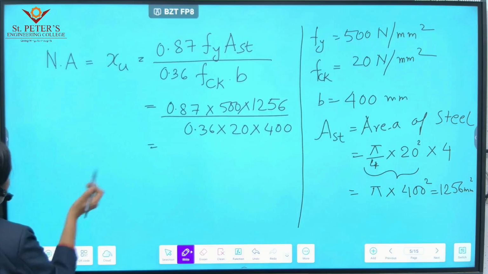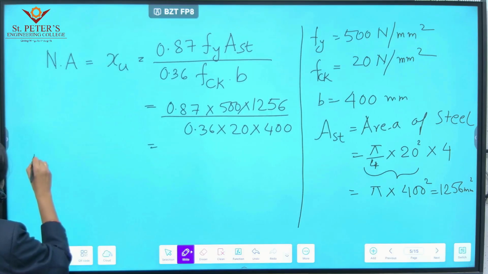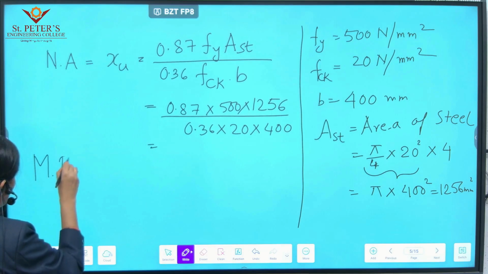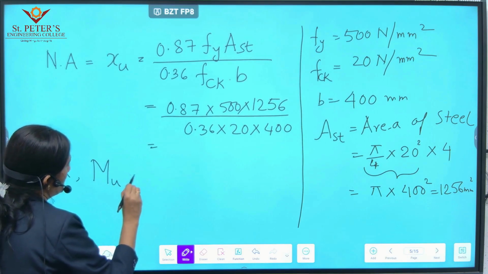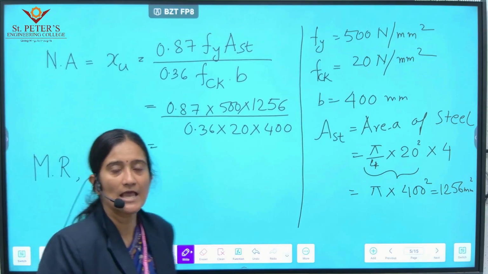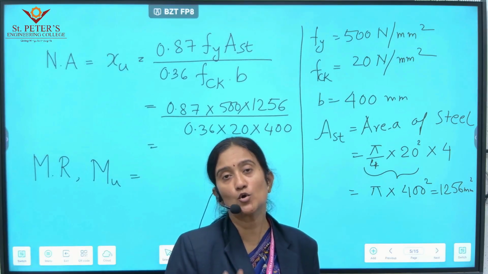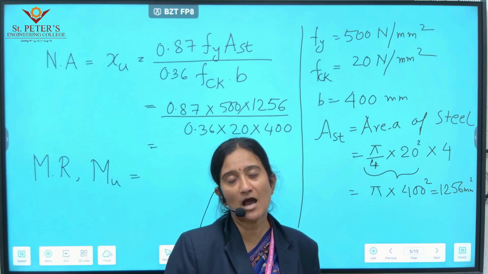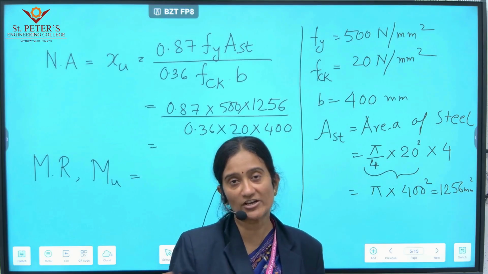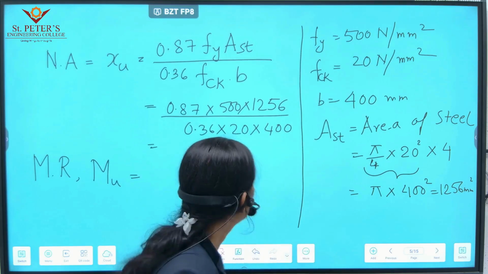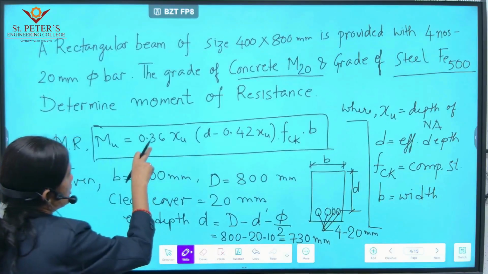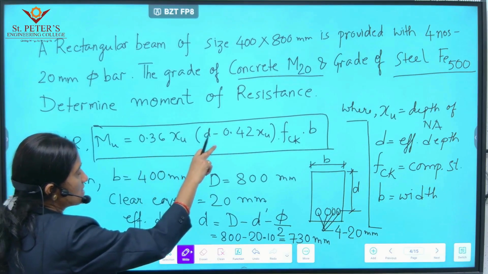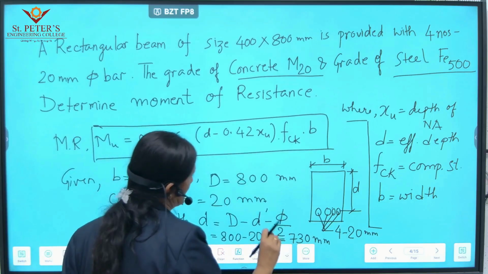After finding the value of Xu, we can find out the moment of resistance, or Mu. It is the amount of resistance the structure can take. We know the formula: it is 0.36 Xu (d minus 0.42 Xu) FCK b.